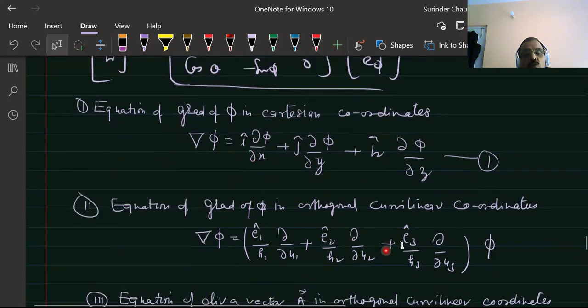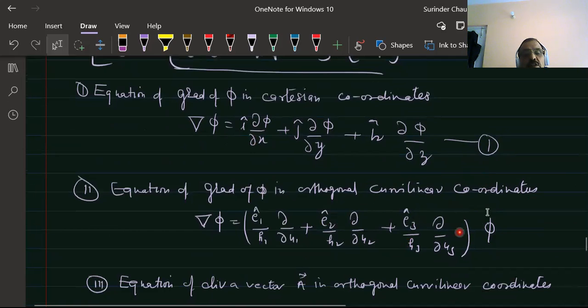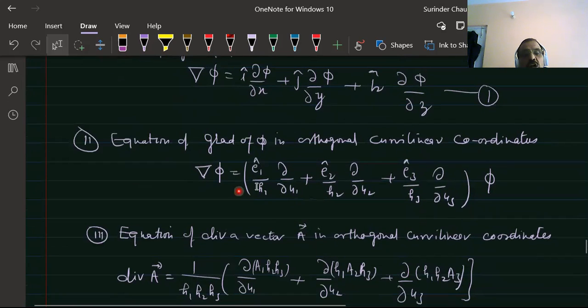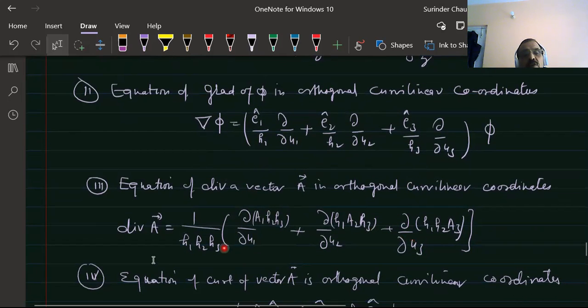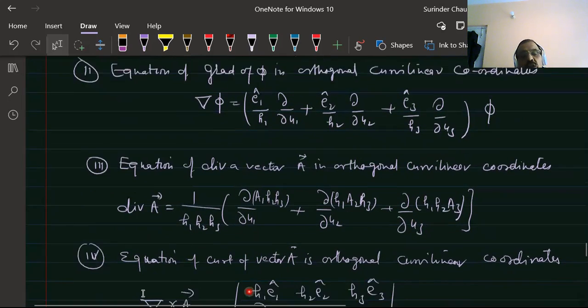Substitute them into the equations to derive them in spherical coordinates, and similarly you can find the equations for the gradient of phi, divergence of a vector, and curl of a vector.